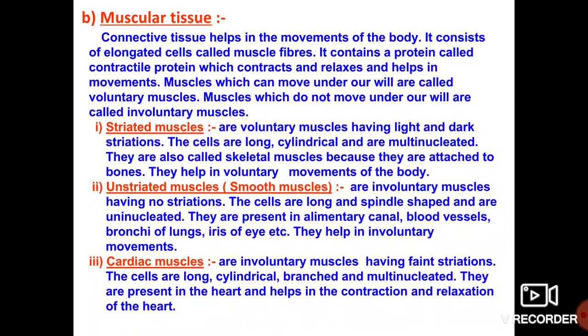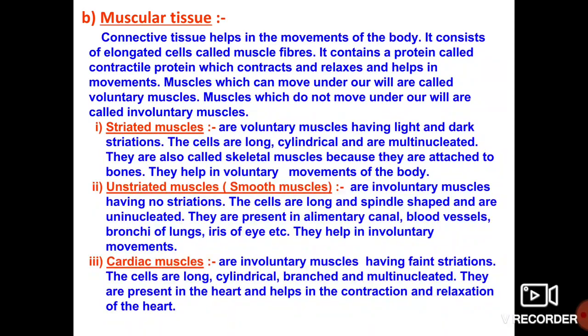In skeletal muscle we find multinucleated cells, which means many nuclei, but in smooth muscles we find only uninucleated cells. Uninucleated means only a single nucleus is present, and they are present in the alimentary canal, blood vessels, lungs, bronchi of lungs, iris of eyes, etc.